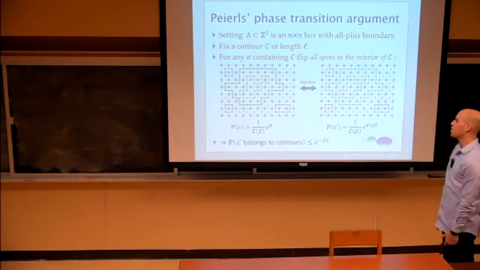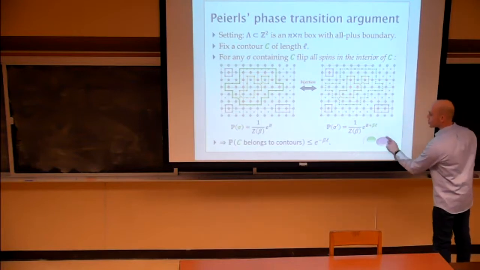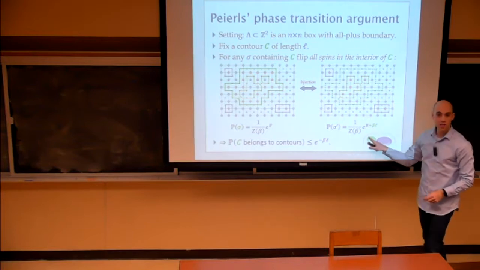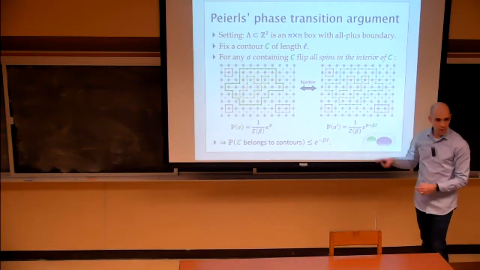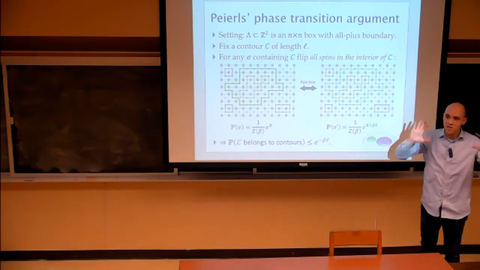So that means that if the green is the set of configurations where this is actually a contour, what we have here is a bijection. C is fixed.